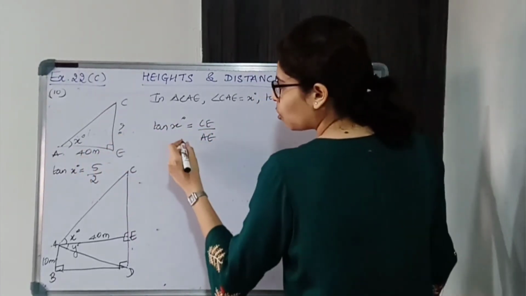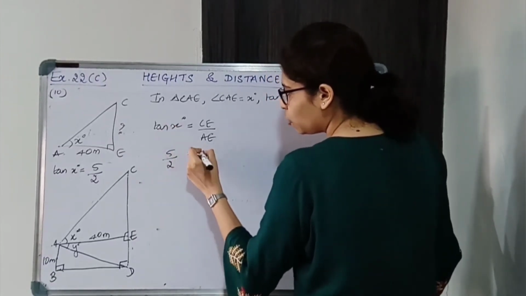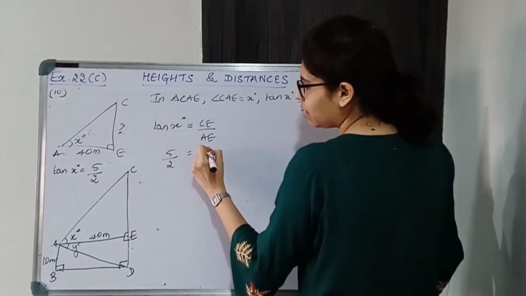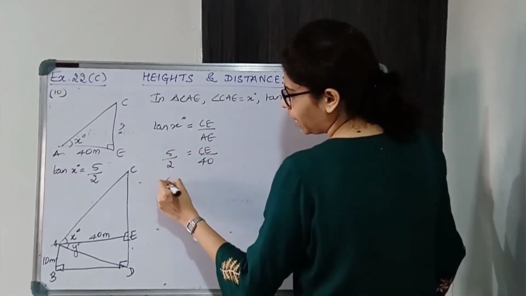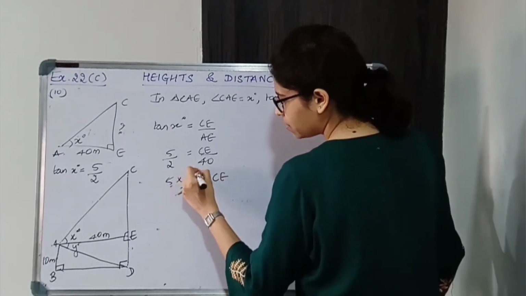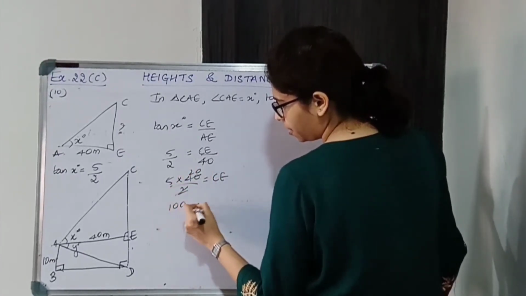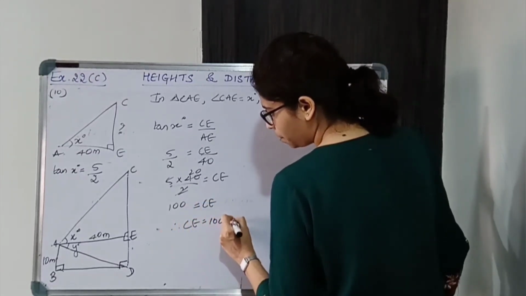Okay, so tan x is 5/2, so substitute that value over here. Now CE we have to find. AE is 40, shift 40, so 5 into 40/2, so that gives 100.